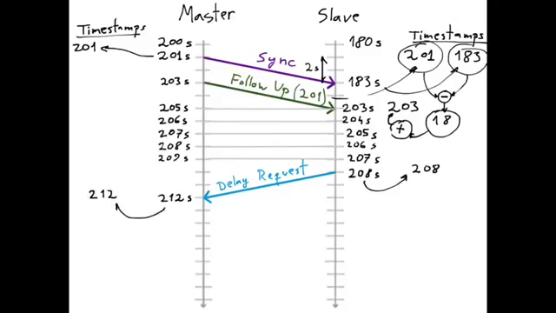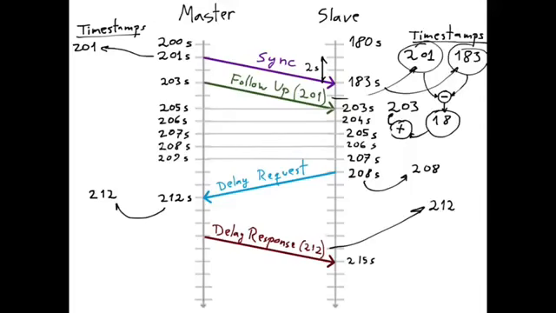Then, sometime later, the master responds with a delay response message. This delay response message communicates to the slave the arrival time of the delay request message. That is, it transmits the timestamp that the master recorded. The slave reads that timestamp and uses it to calculate the propagation delay.